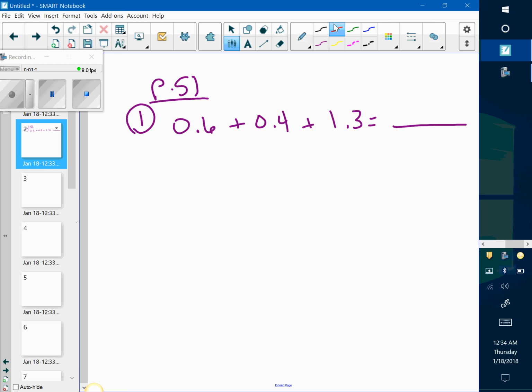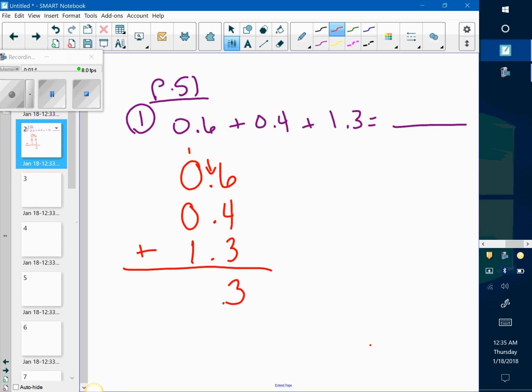But also to handwrite them out, just some basic rules here: you want to line the decimals up, and then you do what you would normally do when adding. So 6, 7, 8, 9, 10, 11, 12, 13. Now you're going to carry the 1. You bring down your decimal, and then you add over here 1, 2. So your answer will be 2.3.